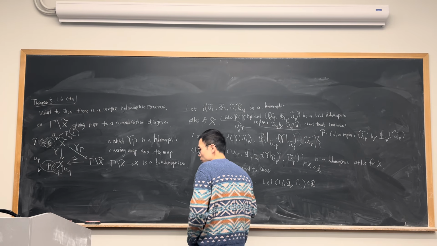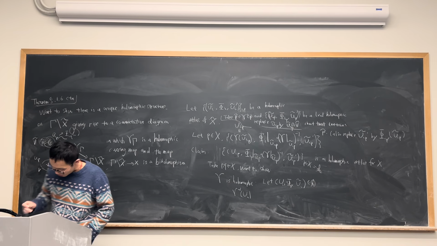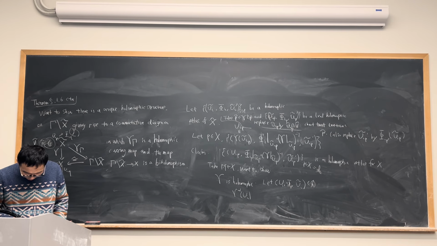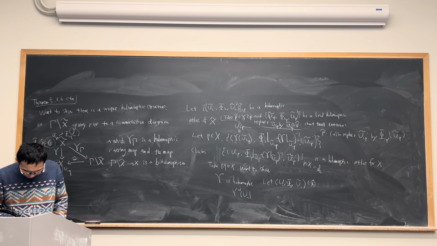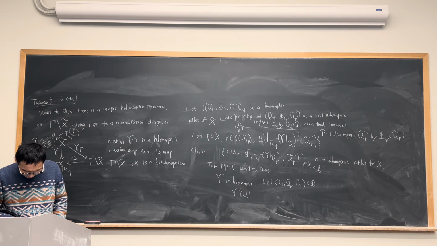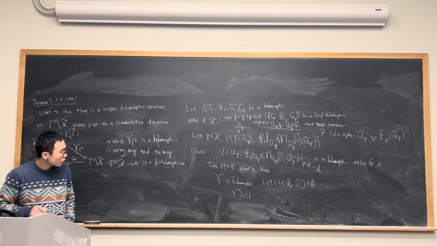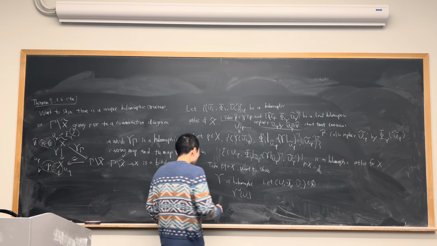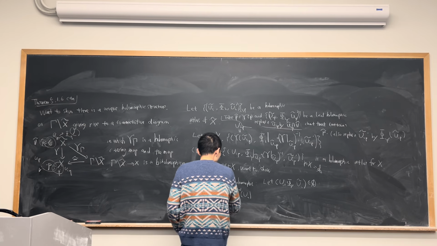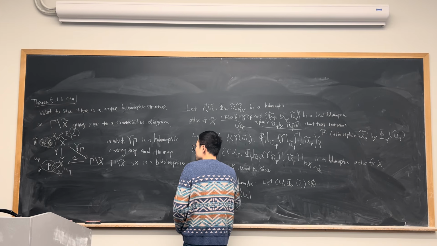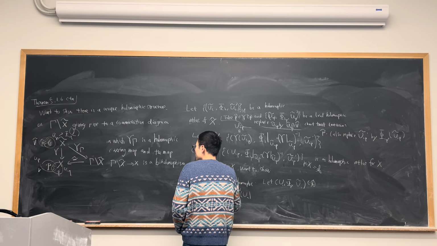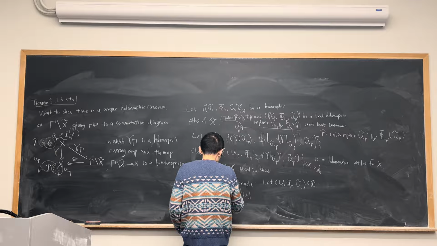Okay, so what do I want to show? So I want to show that gamma composed with is phi_I.